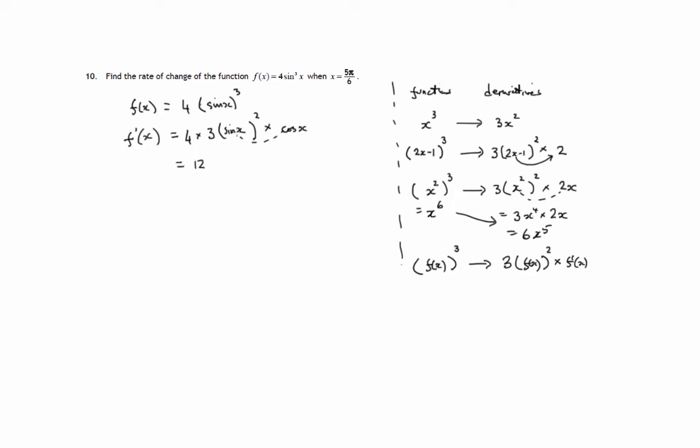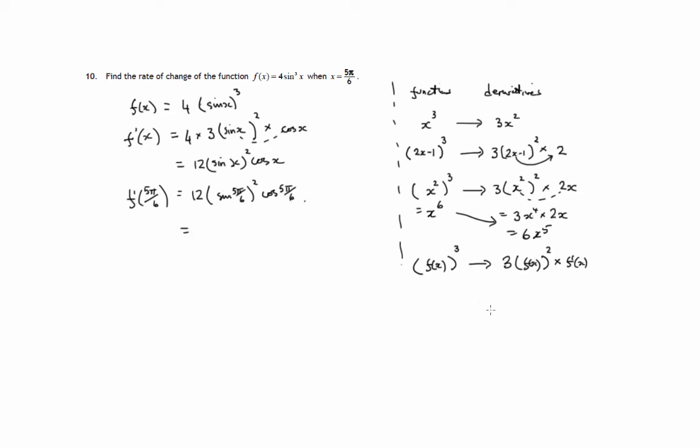It's 12 lots of sine x squared times cos x. And that's what we've to work out the value of when x is 5 pi upon 6. So it's 12 lots of sine 5 pi upon 6 squared times cos 5 pi upon 6.